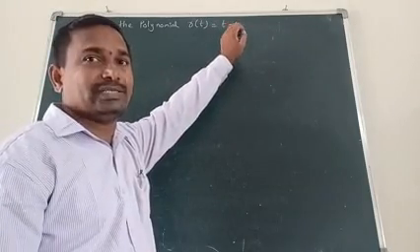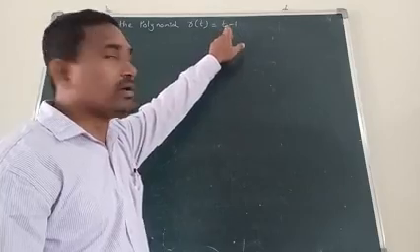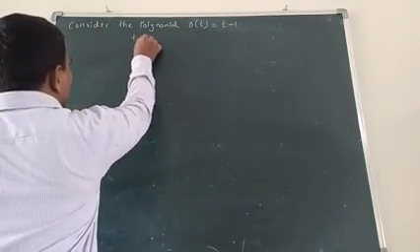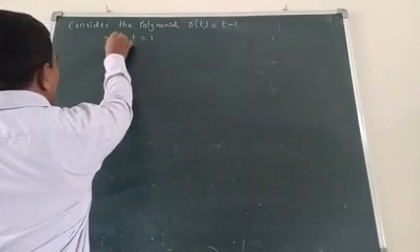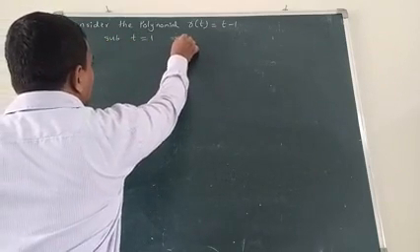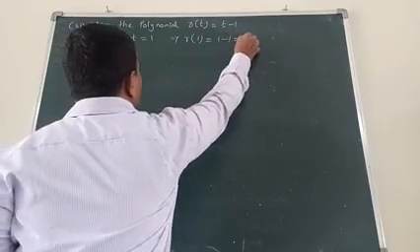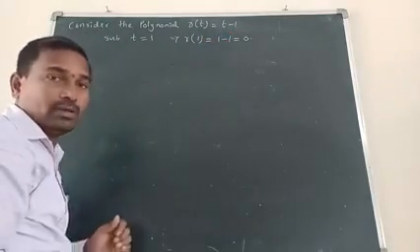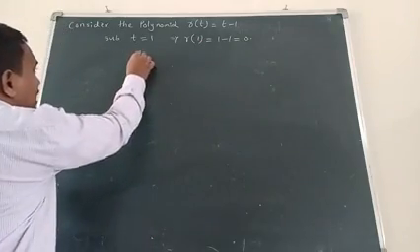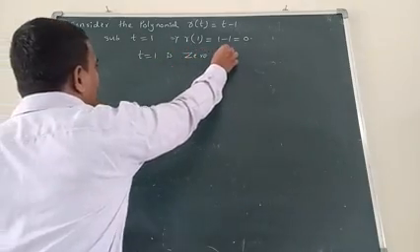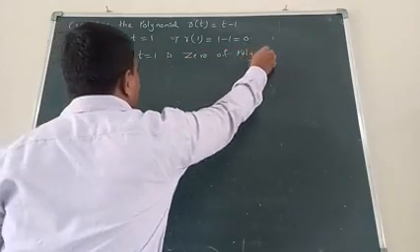You can say easily, if you substitute t equal to 1, that becomes 0. So substitute t equal to 1, then r of 1 equals 1 minus 1 equals 0. So here we can say t equal to 1 is the zero of the polynomial r of t.